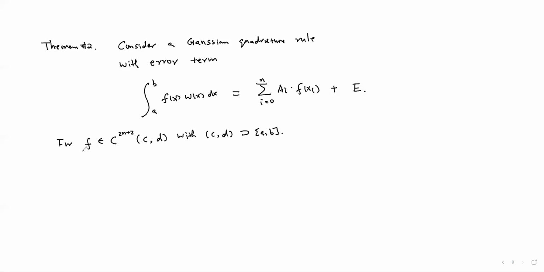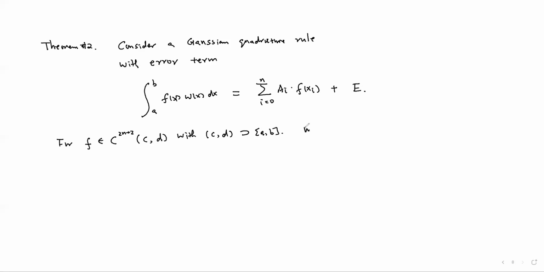That means the function f has derivatives of order up to 2n plus 2, and all the derivatives are continuous over some a little bit larger interval than the interval [a,b].